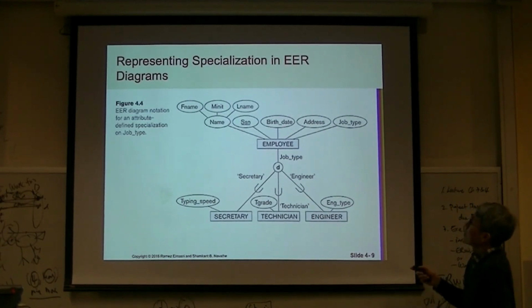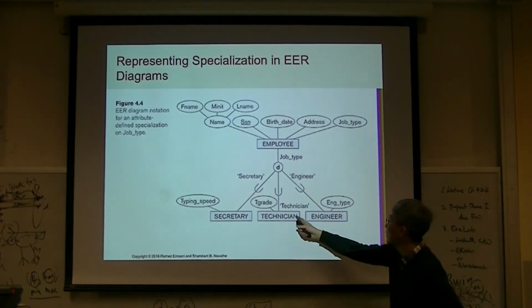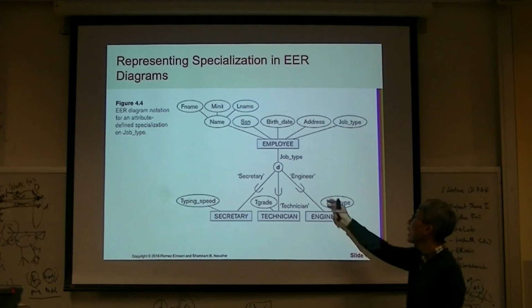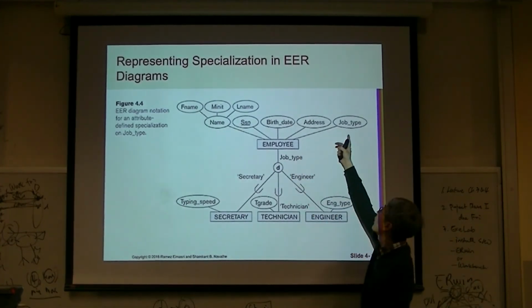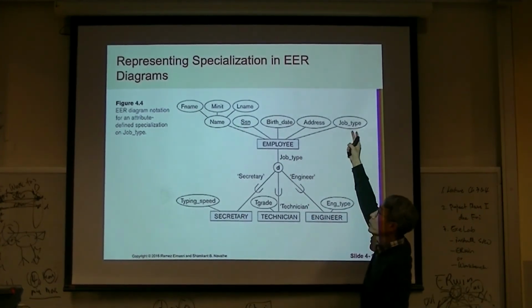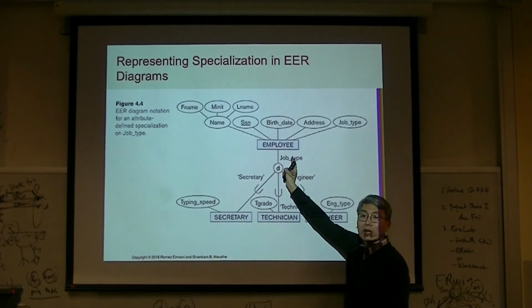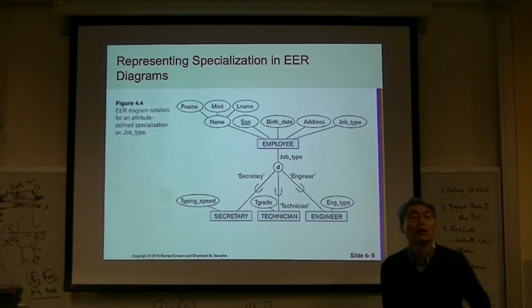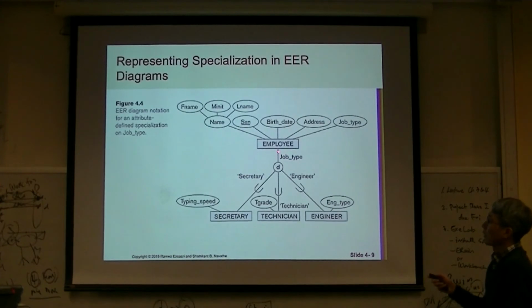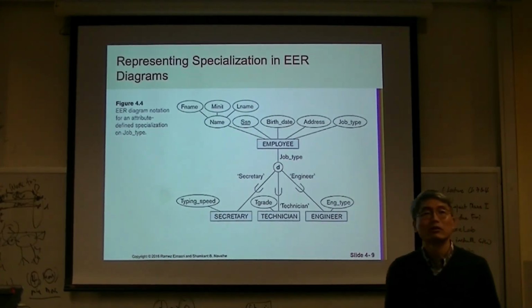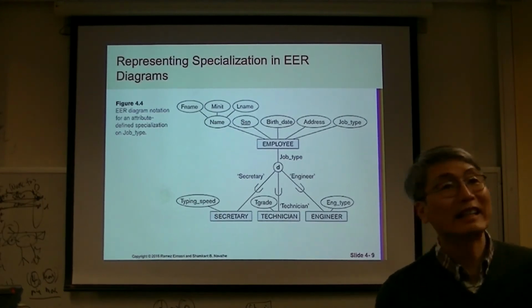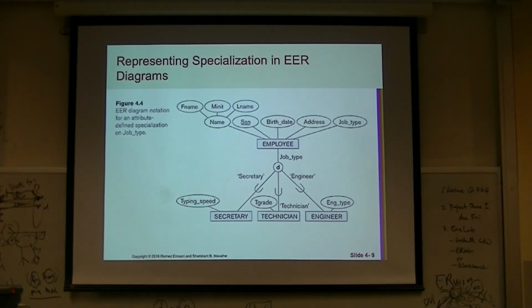Sometimes if you want to use a classifier of the subclass, like secretary, technician, engineer is the type of job, you can create the attribute or put such a criteria next to the participation line. Okay, so that is the super and subclass, the enhanced ER model.